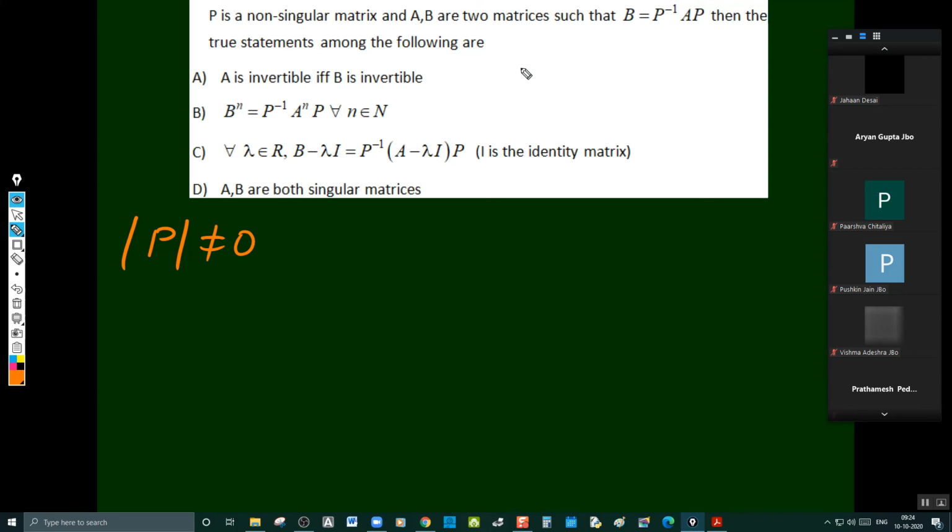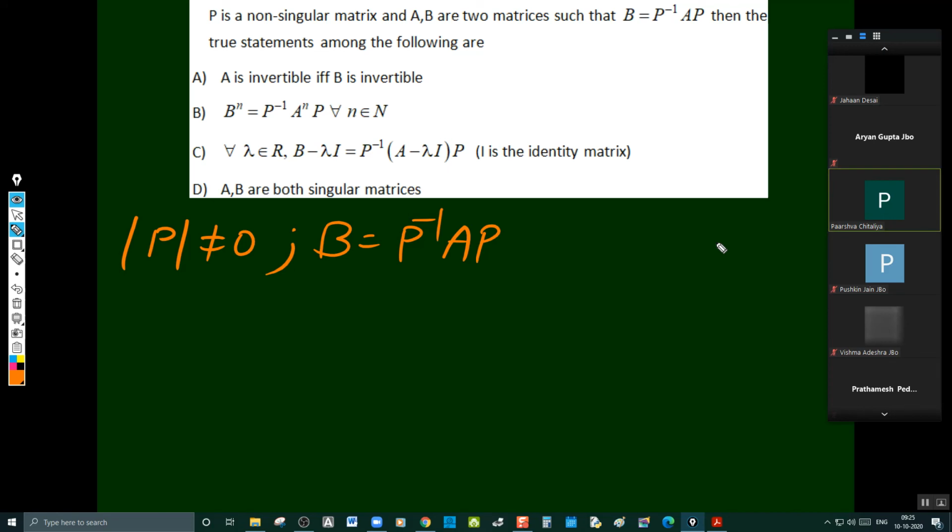Okay, come on. A, B are two matrices such that B is equal to P inverse into AP, right? True statements among the following are. Come on, tell me that, please. You can do that.